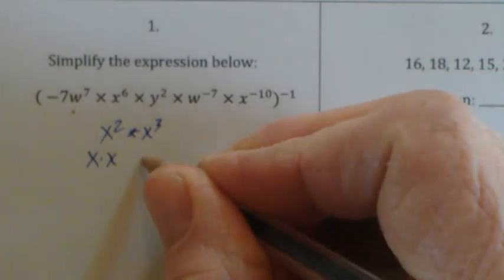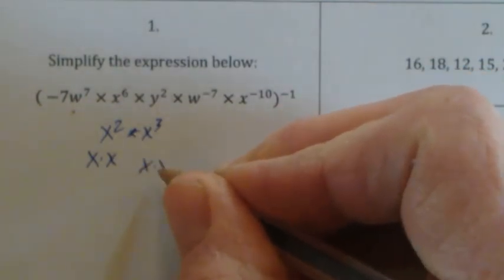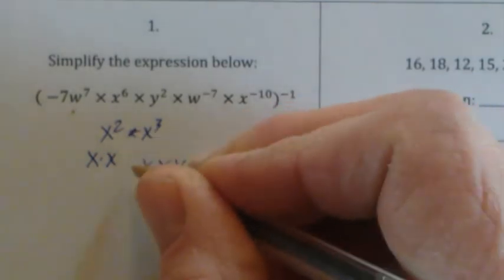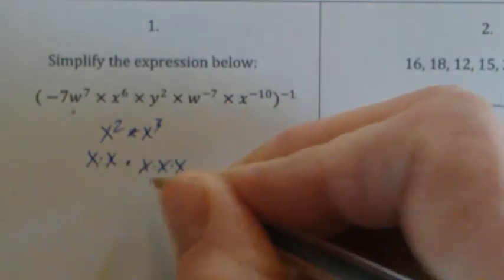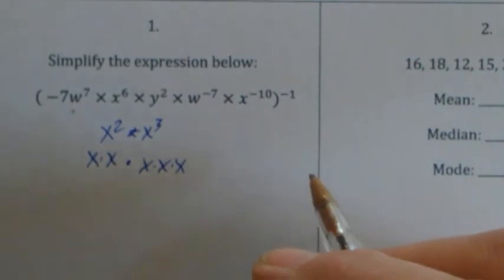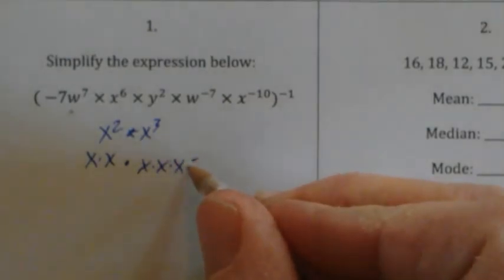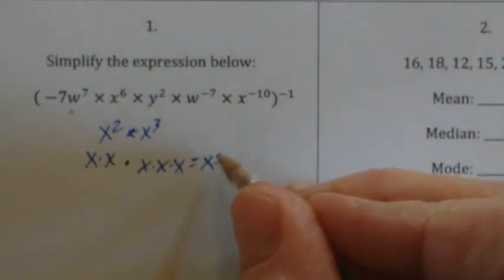And this x cubed is 3 x's multiplied together. And when you multiply this whole thing times that whole thing, how many x's are multiplied together? 1, 2, 3, 4, 5. That's equal to x to the 5th.